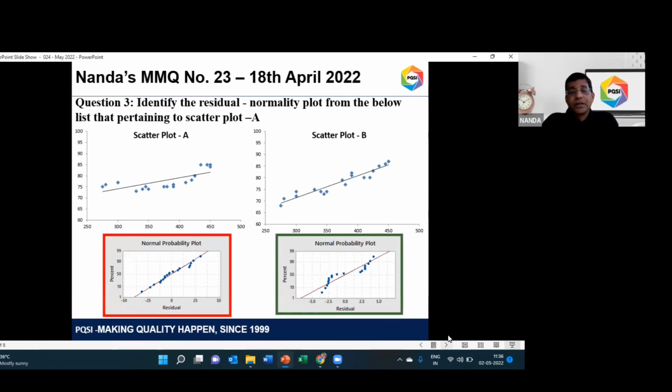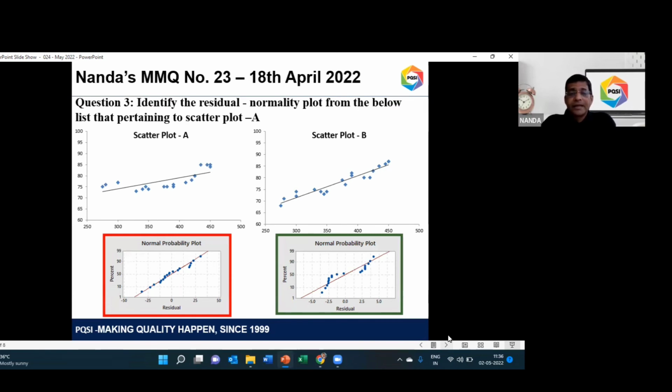And moving on to the third question: identify the residual normality plot from the below list that pertains to scatter plot A. For these two scatter plots, we also got the normal probability plots output from Minitab, and it was pasted here.